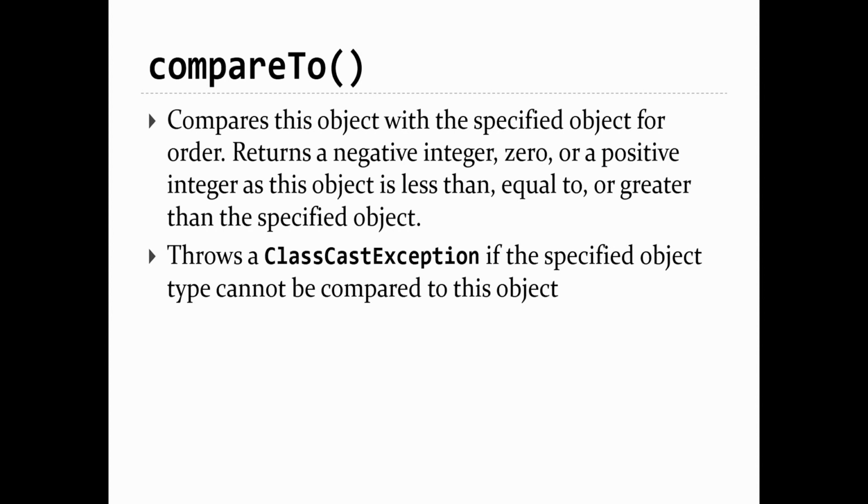So I can make a point, P, and then you are also now allowed to write C equals S compared to P. Which doesn't make any sense, because I'm now trying to compare a point to a string, and so that should throw an exception, and in fact it does. It will throw a class cast exception in this case.